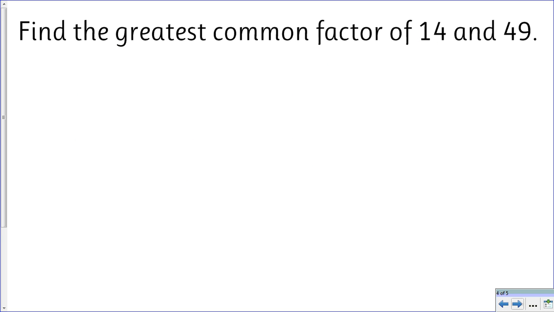So if we want to find the greatest common factor of 14 and 49, we need to make a list of the factors of 14 first. Doesn't matter which number we start with. I'm going to do 14. 1 and 14. 2 and 7. This completes the list of factors for 14. And for 49, we have 1 and 49.